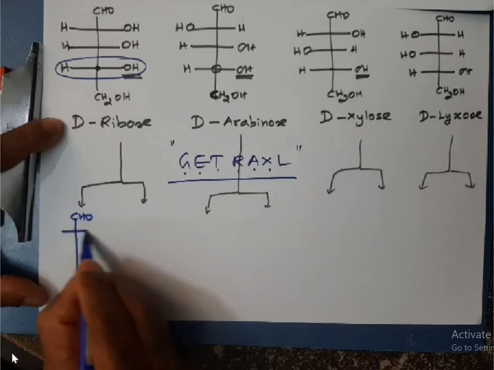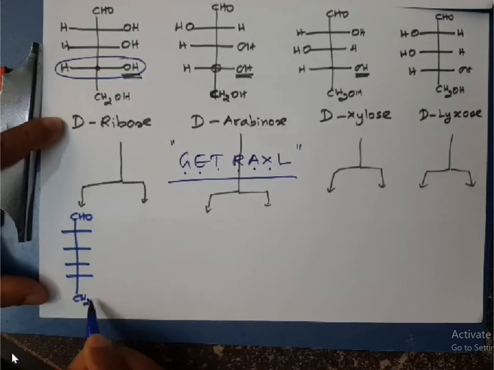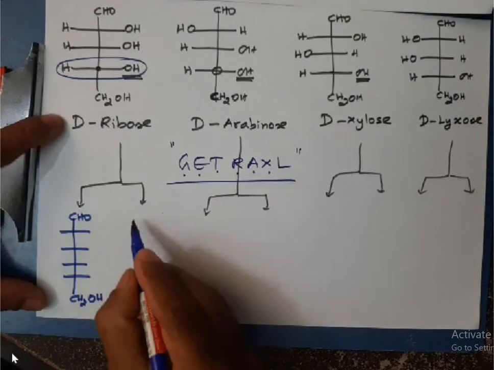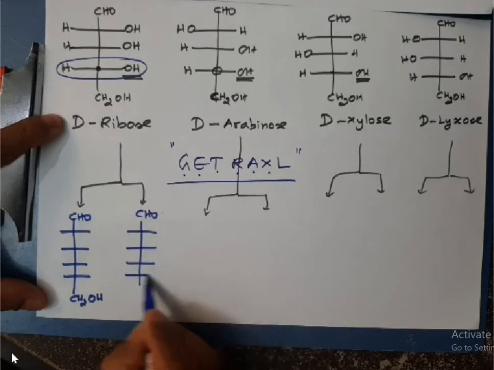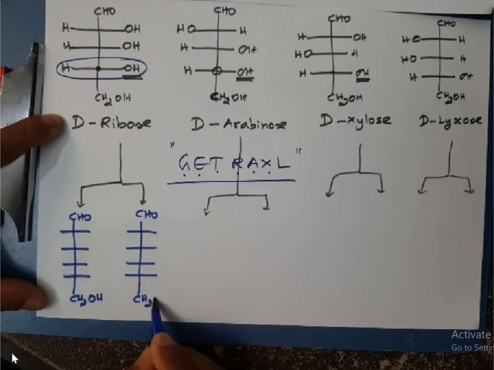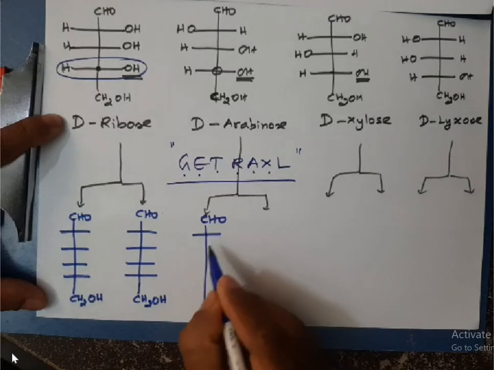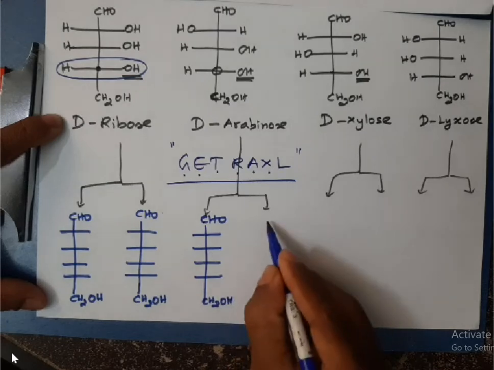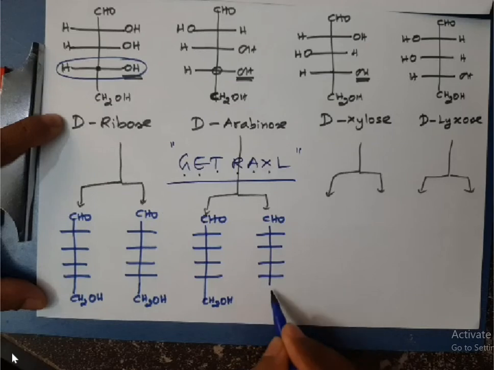CHO, 1, 2, 3, 4, CH2OH. So totally 6 carbon atoms should be there. They are all aldohexoses. CHO, 6 carbon atoms, 1, 2, 3, 4 chiral carbons and CH2OH. Similarly here CHO, 1, 2, 3, 4, CH2OH. First I will draw like this, then I will put the groups in the right position.